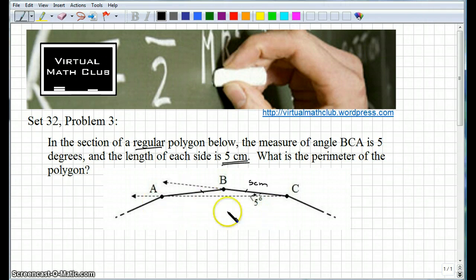So if you take a look at this diagram here, you can see we're showing a section of a polygon, but you can also see that we've got a triangle here, ABC. And if we know that this is 5 degrees, and we know this is a regular polygon, so the side lengths are the same, so this kind of flat triangle, ABC, makes an isosceles triangle, right?